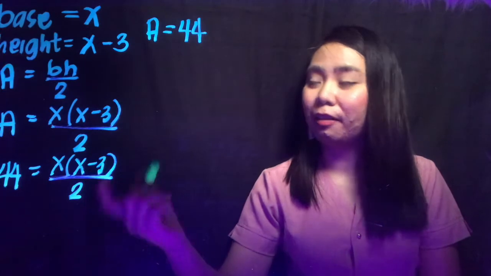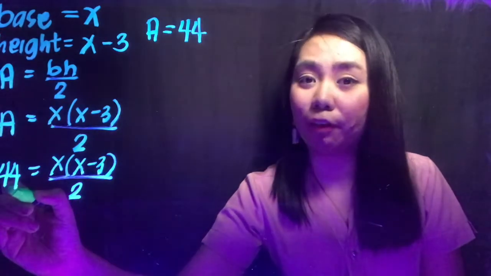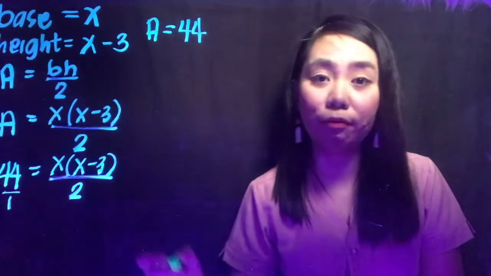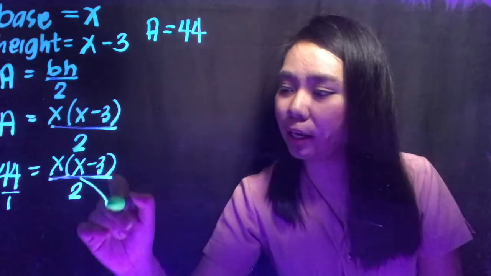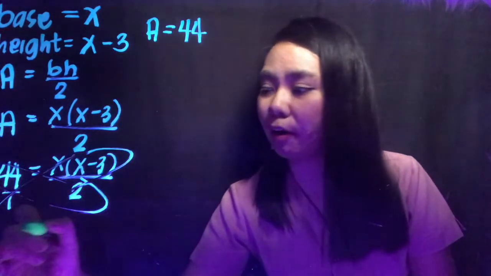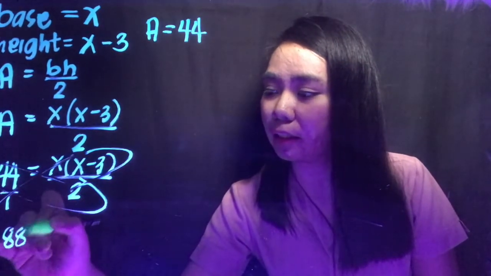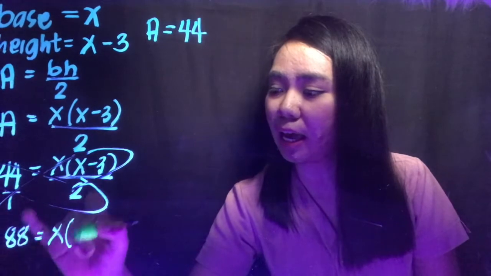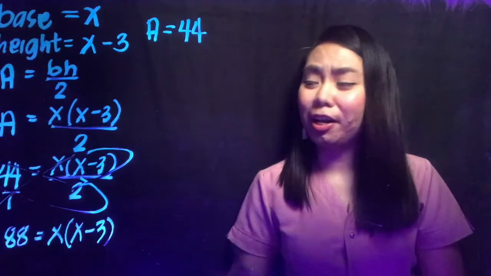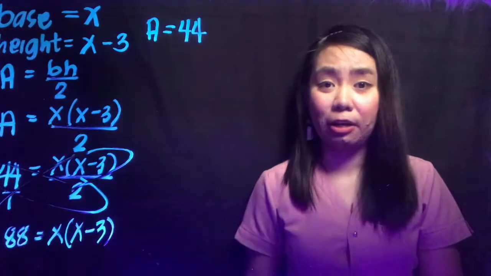To start, take note that you have here 44, a whole number. So to solve, let's put an invisible 1 for the denominator. And now let's cross multiply. So you have 88 is equal to x times x minus 3. However, you can actually multiply x and x minus 3.